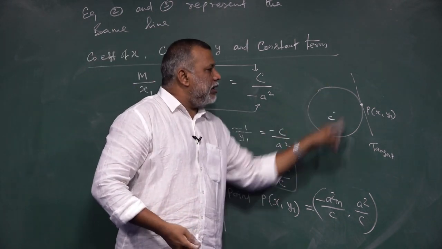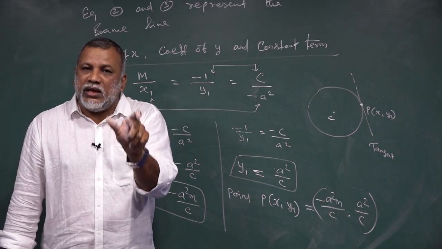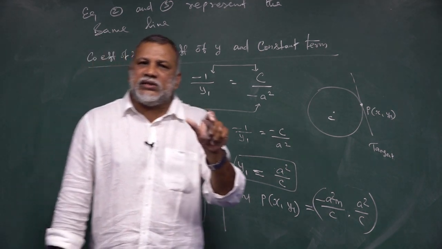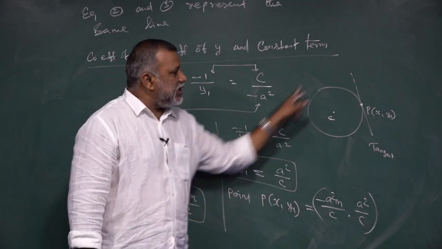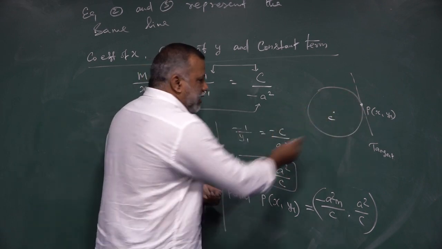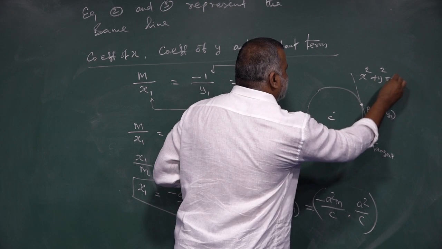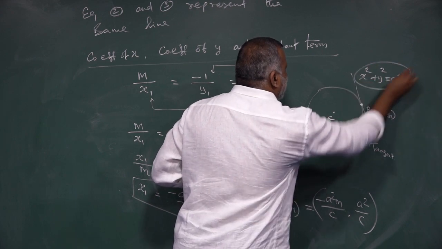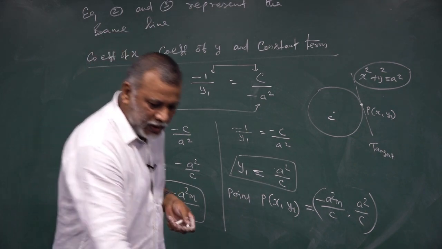The circle passing through the point x1 comma y1. Already we justified the equation of the circle. What is the equation of the circle? x squared plus y squared equal to a squared. That equation of the circle passes through the point x1 comma y1. Therefore the equation of the circle we already worked out, x squared plus y squared equal to a squared, must pass through the point p of x1 comma y1.